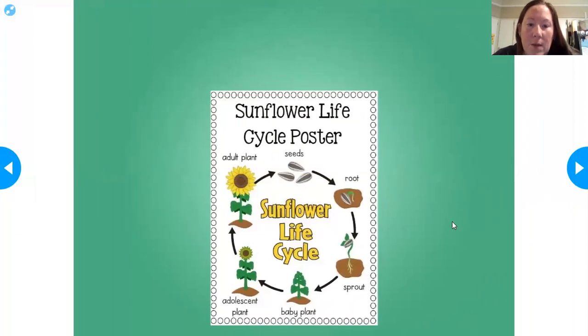So the first thing I want to look at today is our sunflower life cycle poster. Mrs. Morgan's been sending out videos and clips of plants that she has worked very hard at sprouting and keeping alive at her house, one of them being a sunflower.